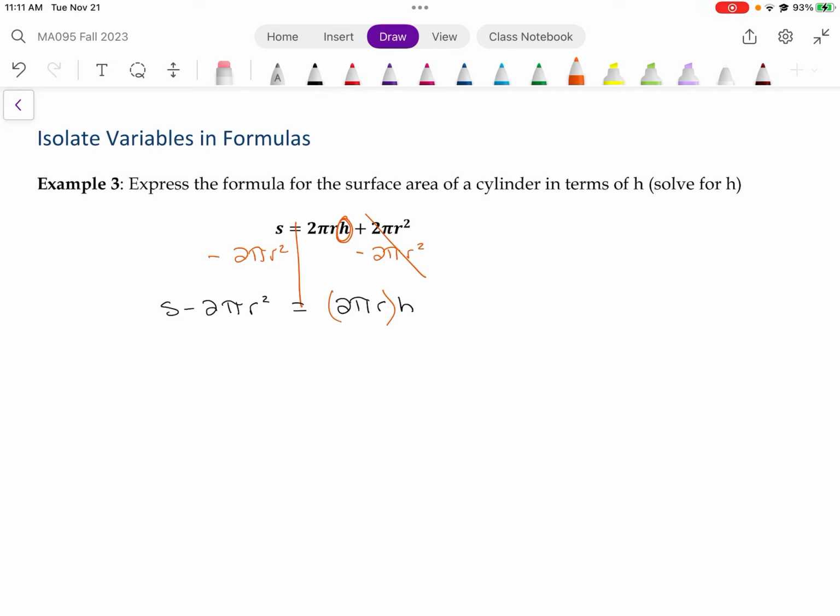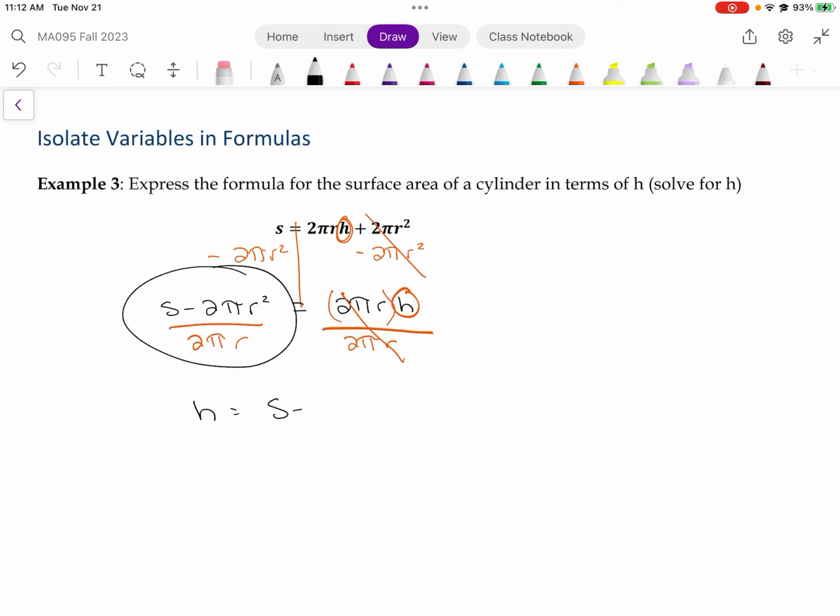So now you can see that if I want the h by itself, I'm going to divide by what? 2 pi r. 2 pi r, both sides. And I get as my final answer that h equals s minus 2 pi r squared over 2 pi r. Does anything cancel? No, nothing cancels because we've got a minus right here. You can't cancel across a minus. All right, so that's the final answer. So this is our answer.